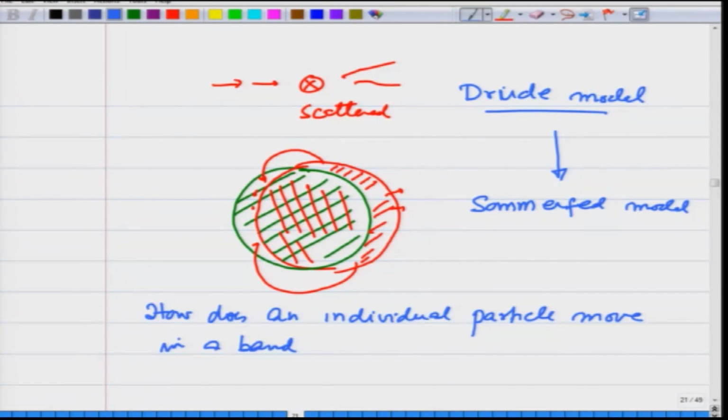Once I understand how an individual particle moves, then I can obviously generalize to a collection of particles and calculate the current and all that. But initially I have no scattering, nothing, just a particle in a band, and I am applying an external force, and I want to understand how it moves. Is it any different from a free particle?